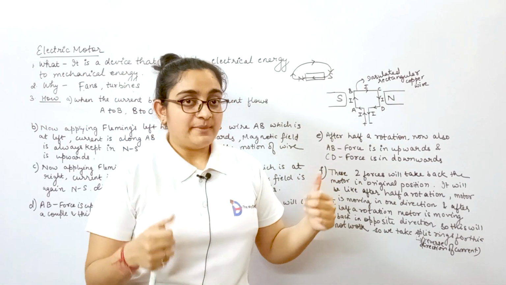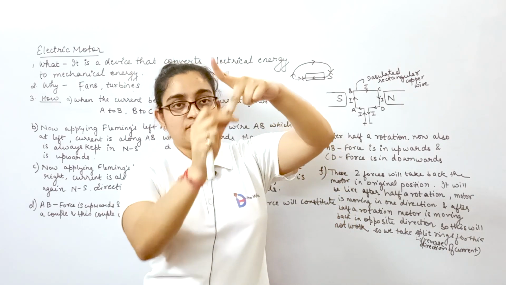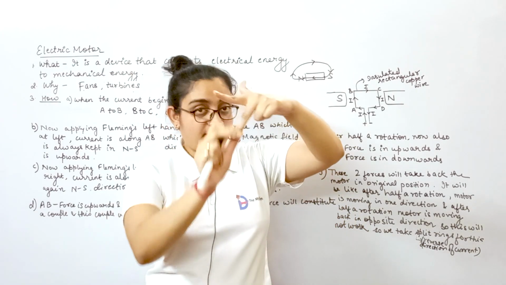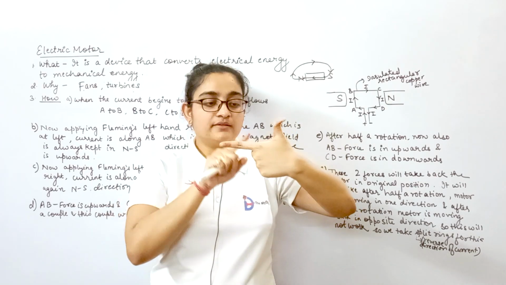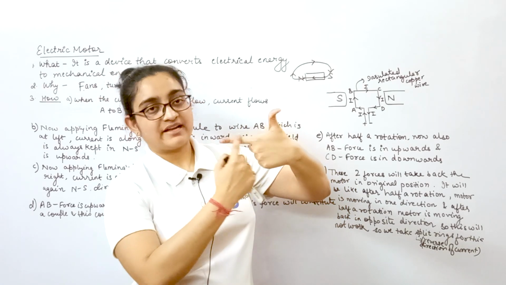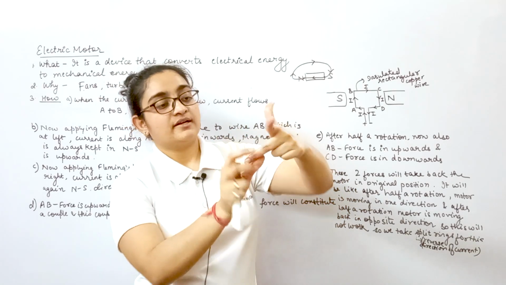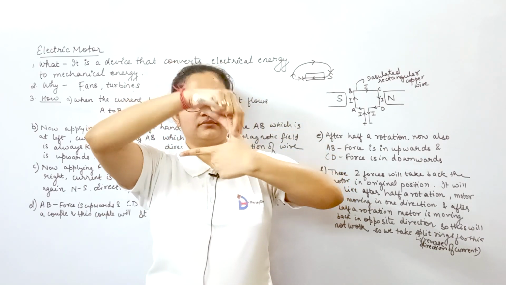So apply Fleming's left-hand rule. This is the middle finger. So current inwards, magnetic field north to south. Thumb is for force.